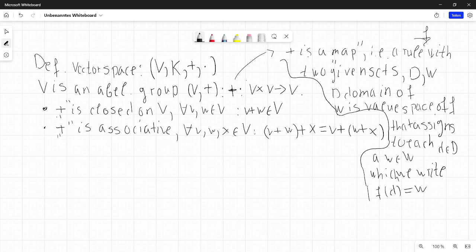So it's just a generalization of the definition of a function on the real numbers that takes values in the real numbers.